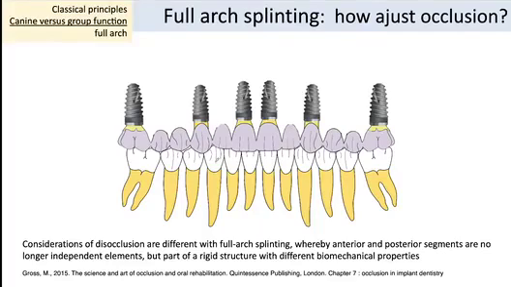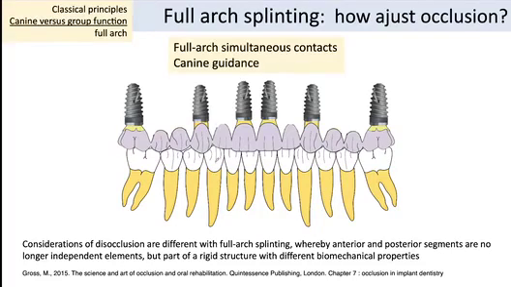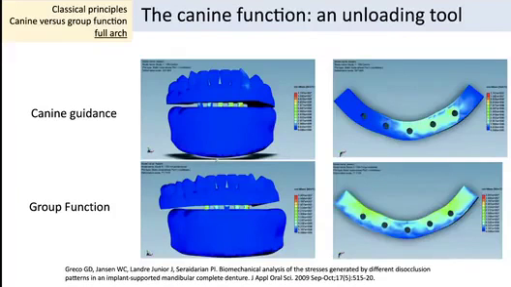How to adjust full arch splinting? Simultaneous contact in ICP and canine guidance. Because from research, we know that when you organize a canine guidance, like here, you decrease the forces.